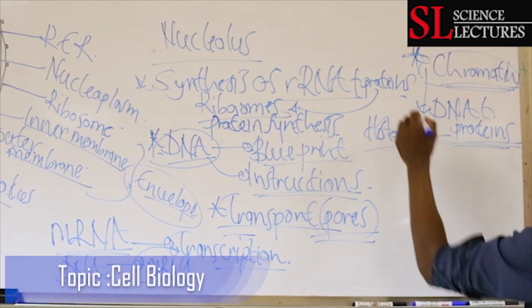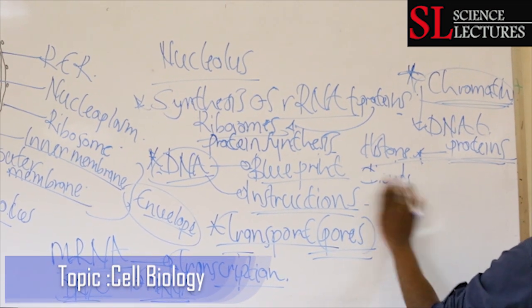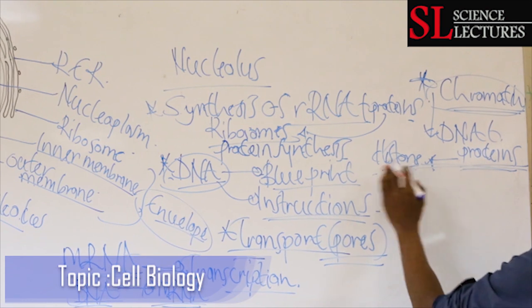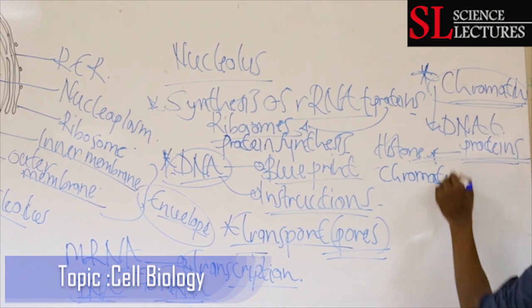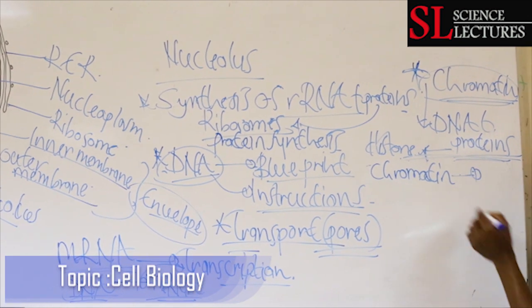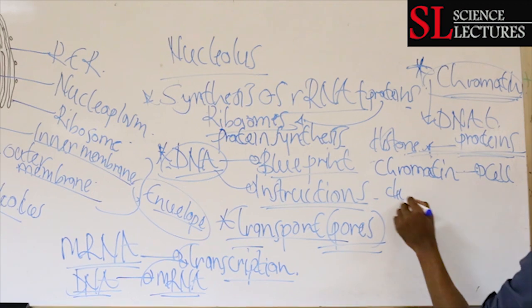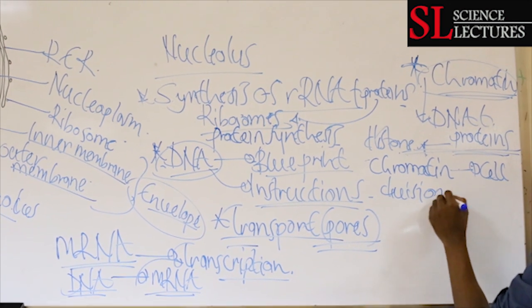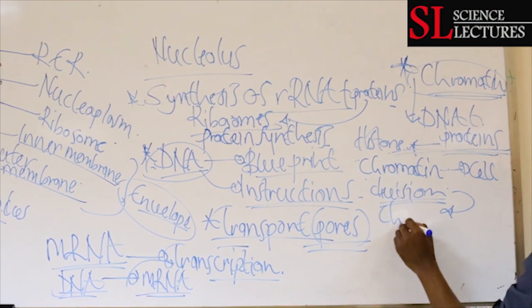Before a cell divides, the cell will have chromatin. But in the earlier stages of cell division, the chromatin will condense and form what we call chromosomes.